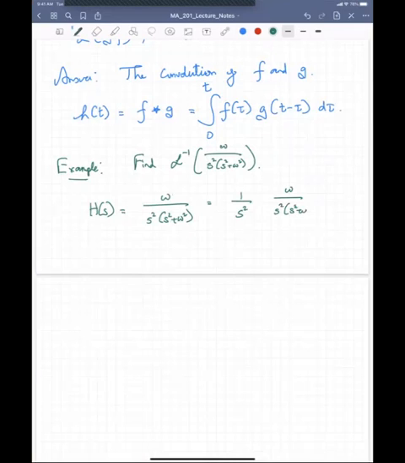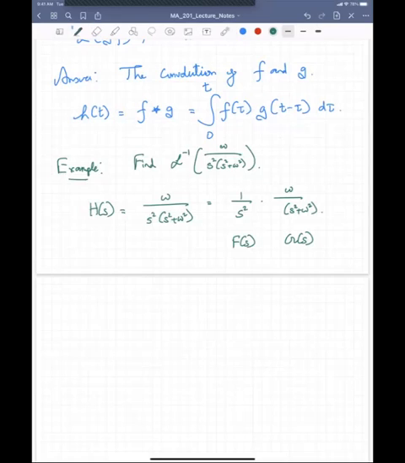Let me call this some capital F and this some capital G. Why? Because in this case, I know exactly what the functions are whose Laplace transforms are 1 over s square and omega over s square plus omega square.